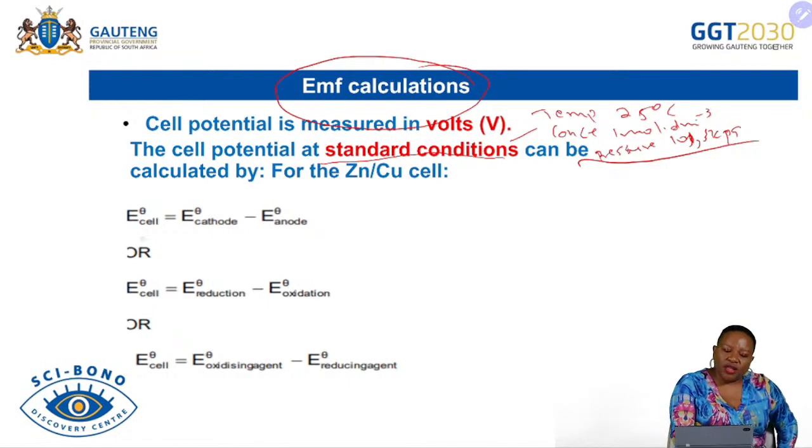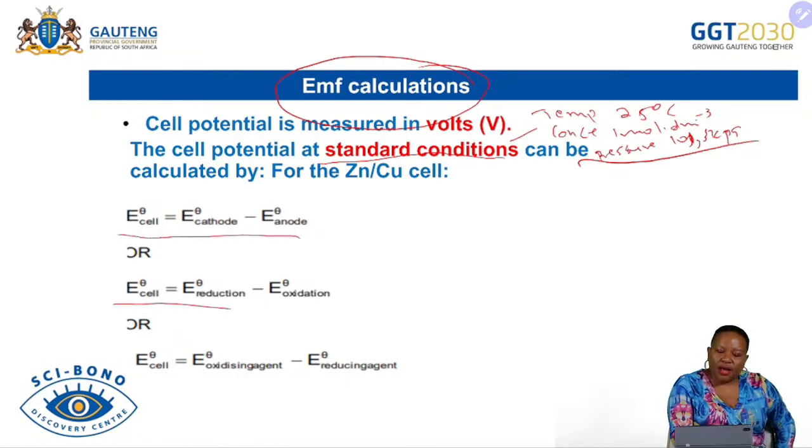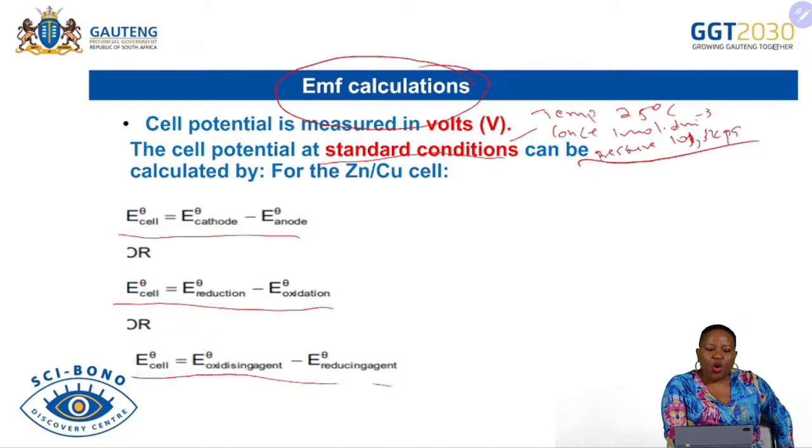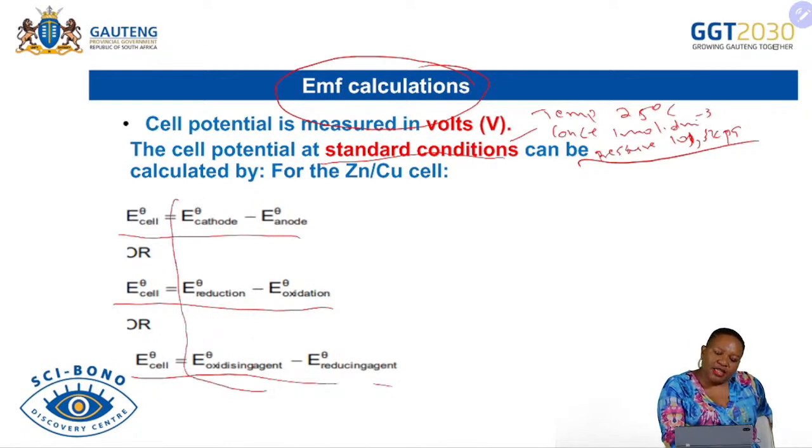To calculate the EMF, we are going to use these formulas. E theta cell is equal to E theta cathode minus E theta anode, or we can say E theta cell is equal to E theta reduction minus E theta oxidation, or E theta cell is equal to E theta oxidizing agent minus E theta reducing agent.